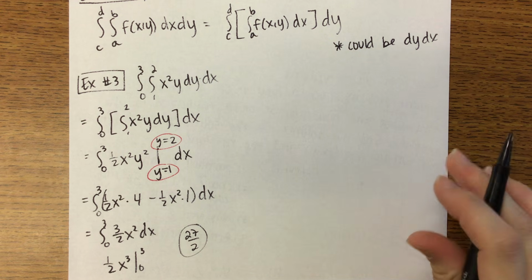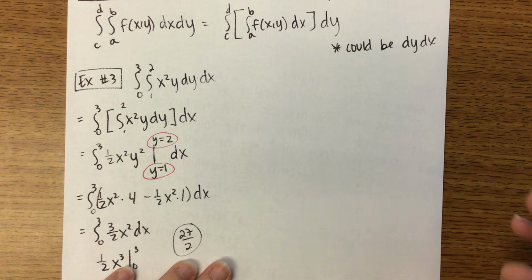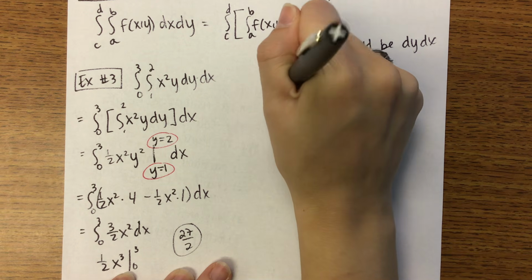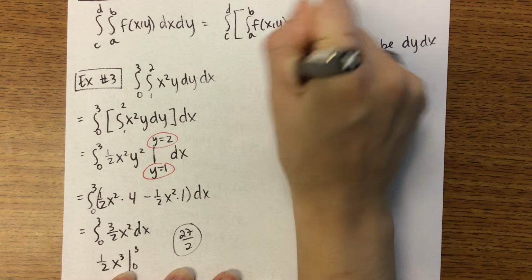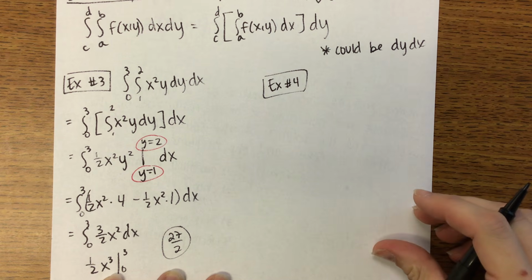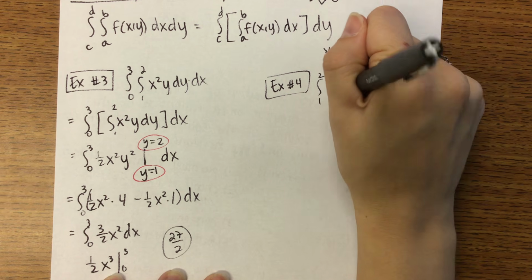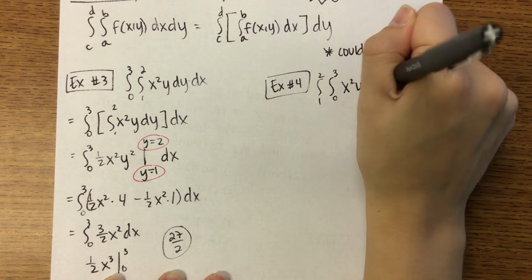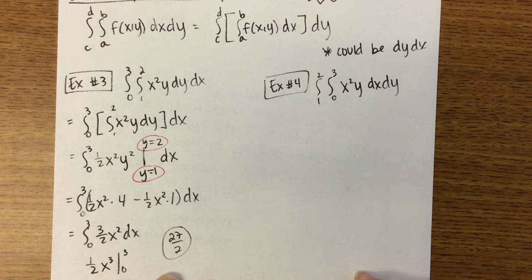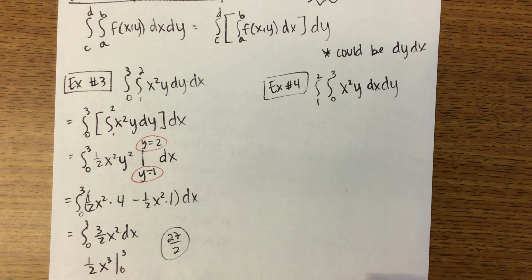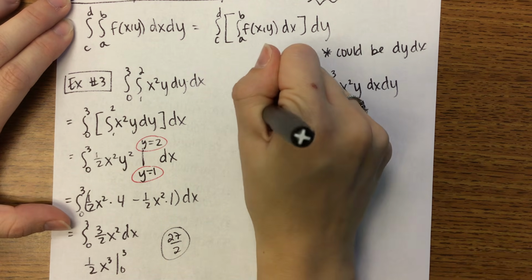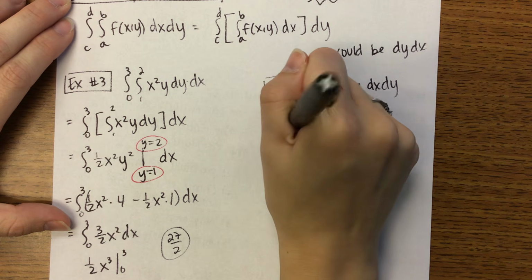We're going to do the same one again, but we're going to integrate with respect to x first and see what happens. Okay, so again, we're going to ignore the outer integral and perform the inner integral first.